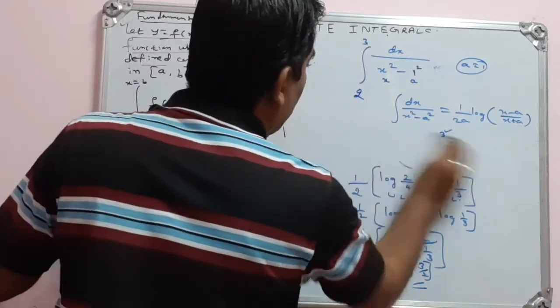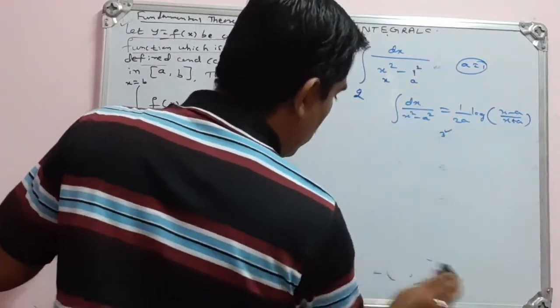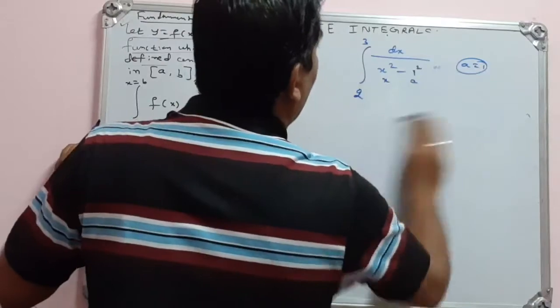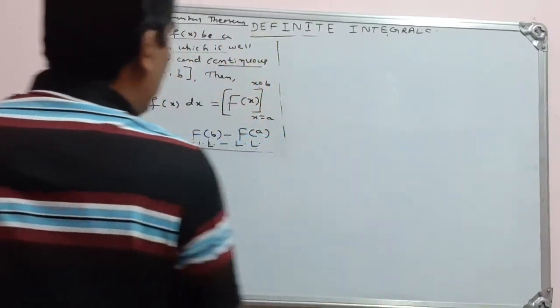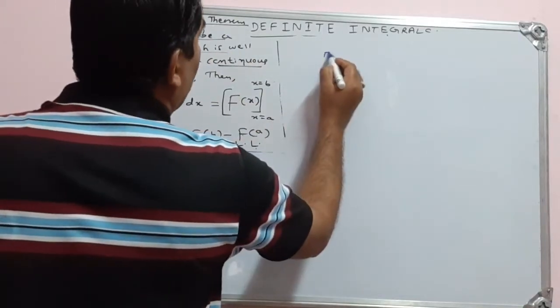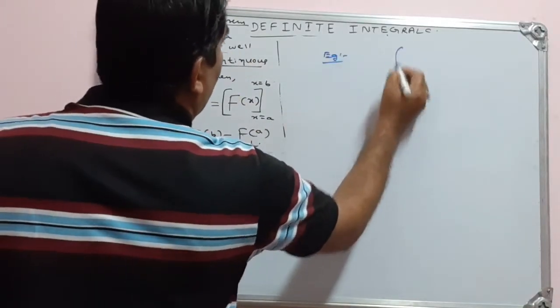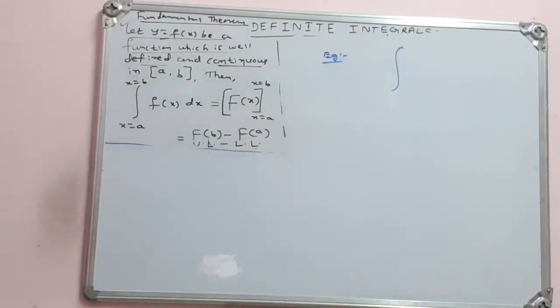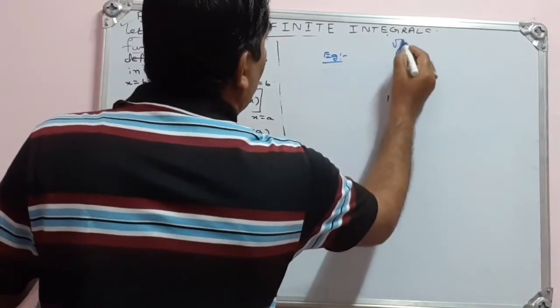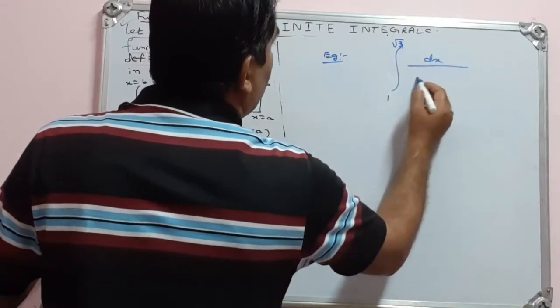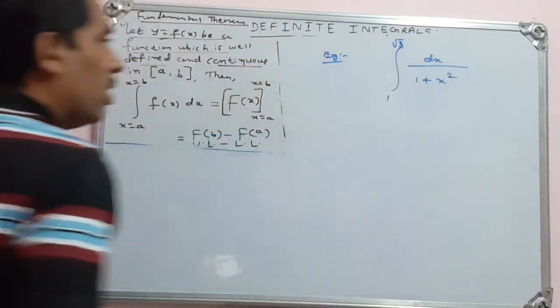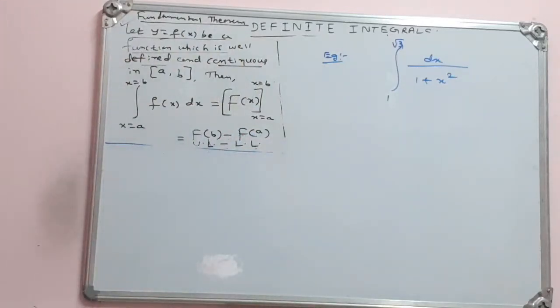Then let me consider another example. Integration of dx divided by 1 plus x square, from 1 to root 3.